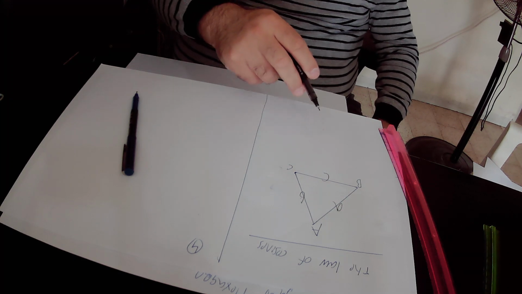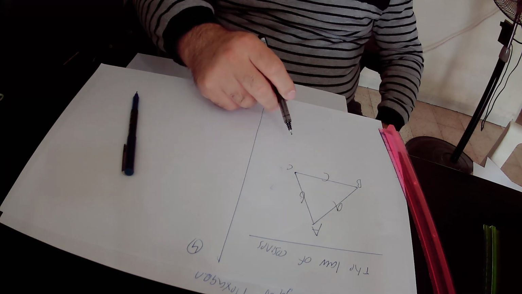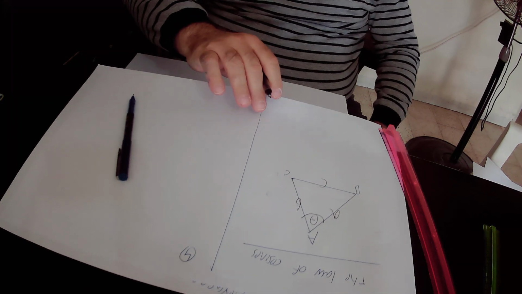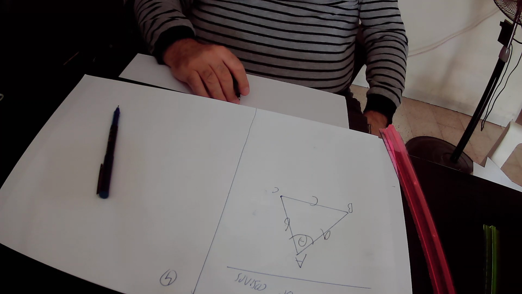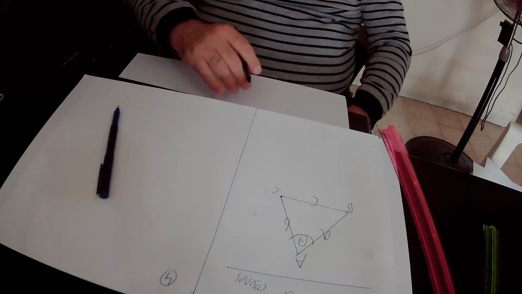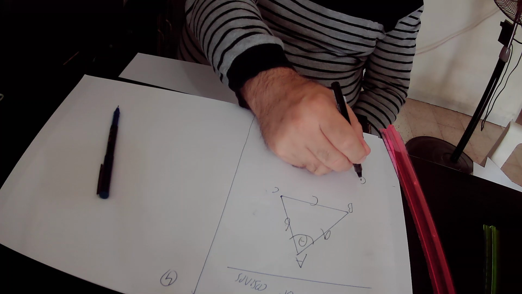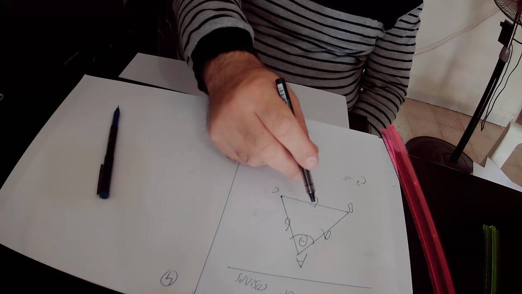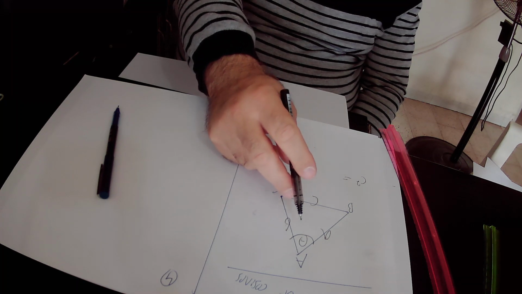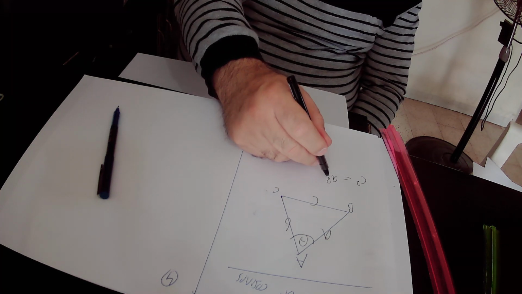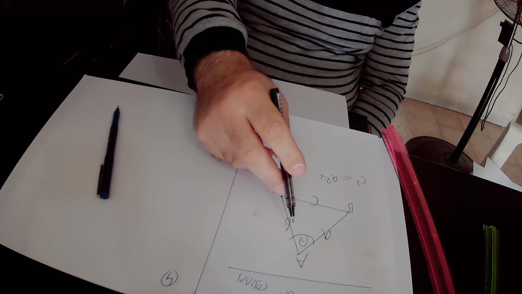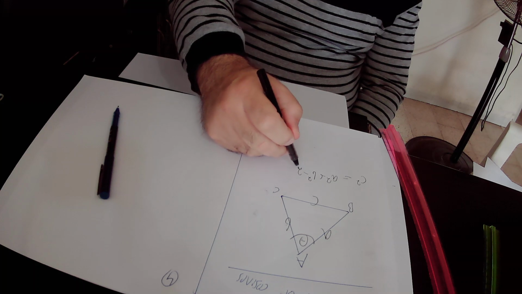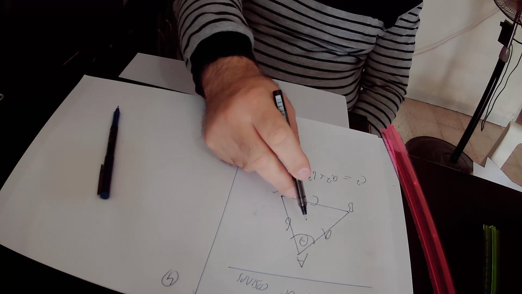And we also know that the angle between side AB and side AC is theta. Then, according to the law of cosines, C squared, where C is the length of side BC, equals A squared, where A is the length of side AB, plus B squared, where B is the length of side AC, minus 2 times A times B times cosine theta.